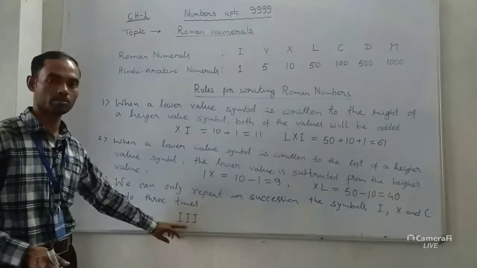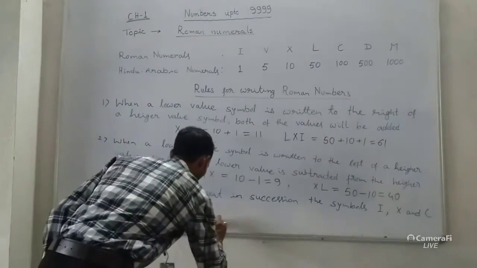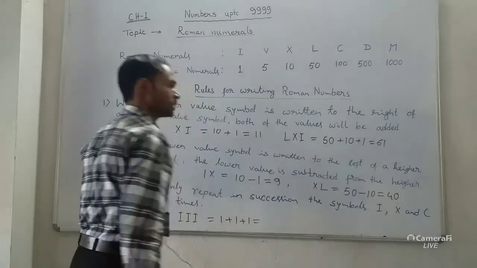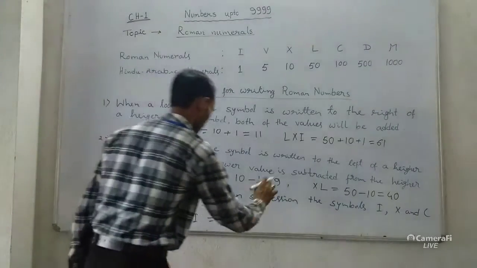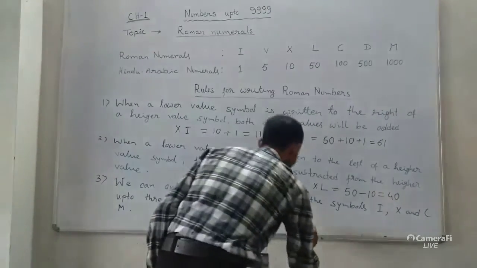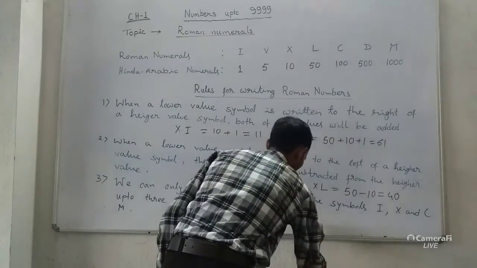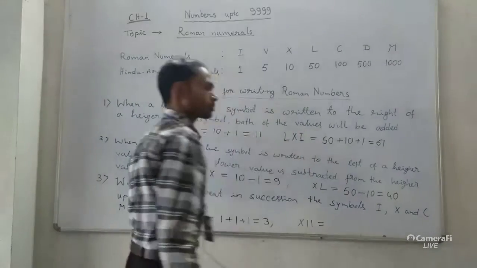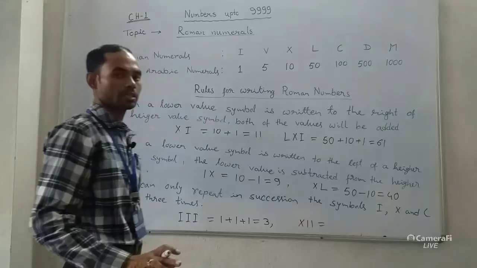And what will be the value of this one? 1 plus 1 plus 1. So repeated means only add: 1 plus 1 plus 1, that is 3. Suppose I am writing here X and you repeat I 2 times. Maximum 3 times is allowed.